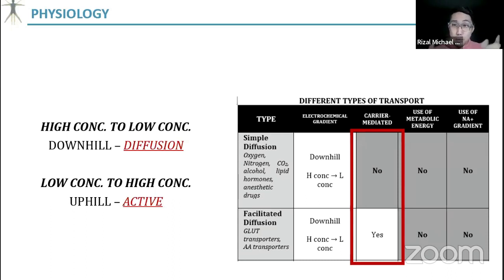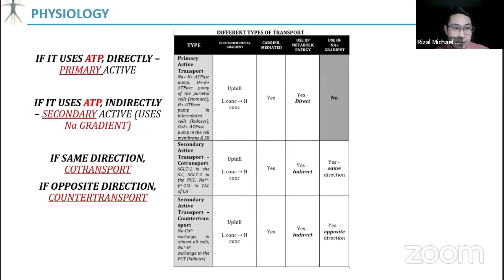I want you to mark on your handout the three characteristics of a carrier-mediated transport: stereospecificity, competitiveness, and selectivity. Facilitated diffusion is downhill, however it uses carriers. The next one: if it uses ATP directly, as you see in the question, it's primary active. These are the ones with ATPase in the name, like sodium-potassium ATPase, HK ATPase, and calcium ATPase.